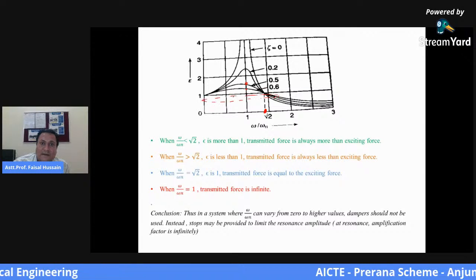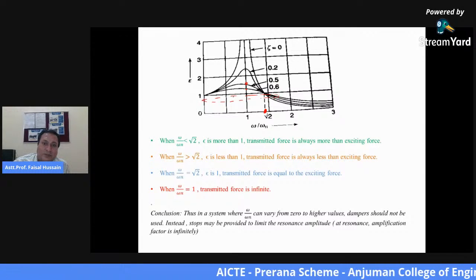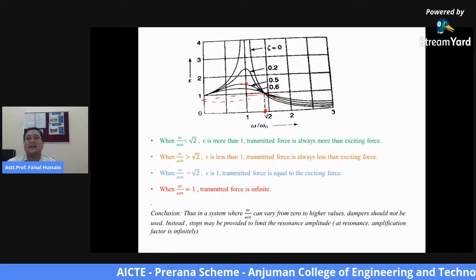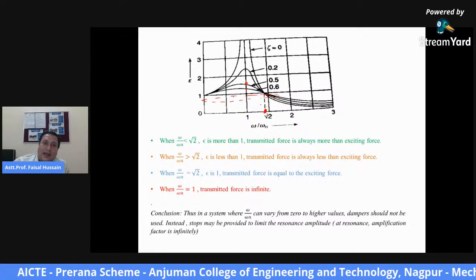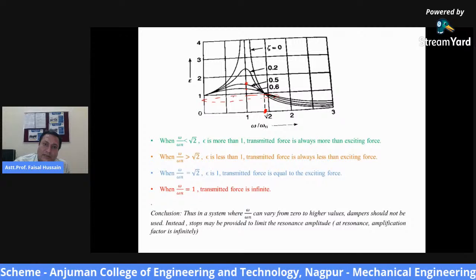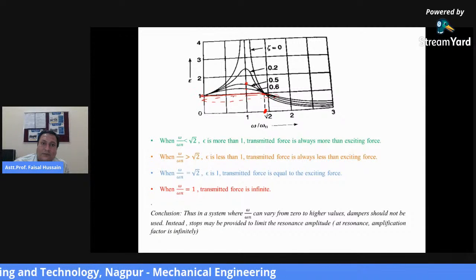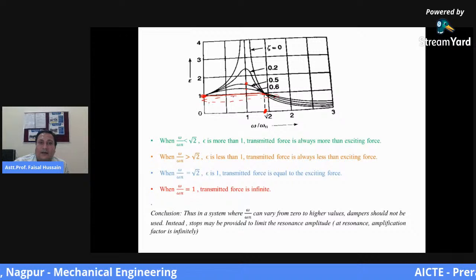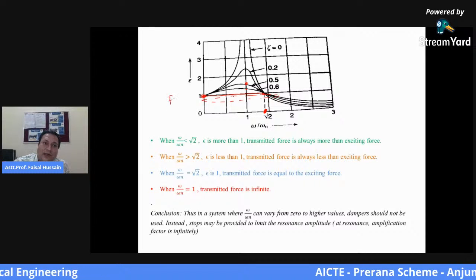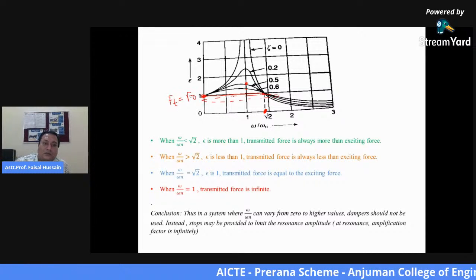It is below this line. And if so, the transmitted force is always less than the exciting force. If the frequency ratio is root 2, the transmissibility is 1, and if transmissibility is 1, Ft will be equal to F0.